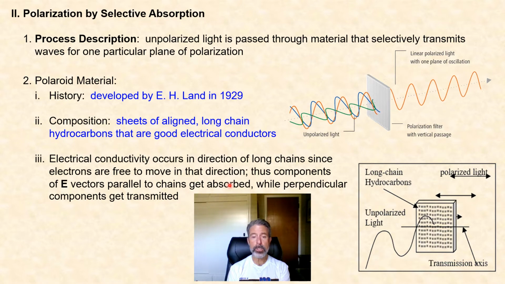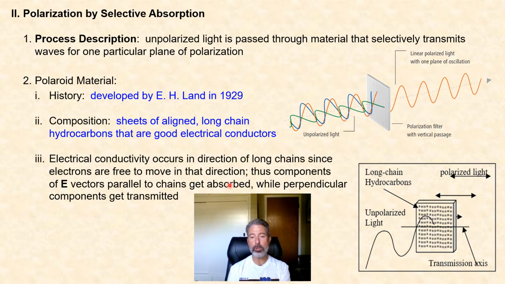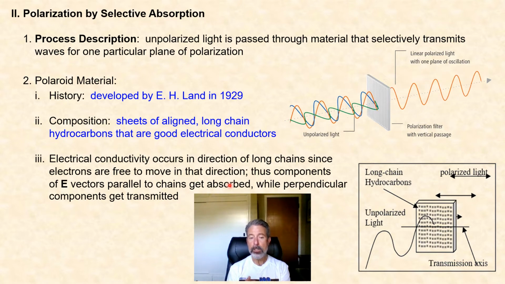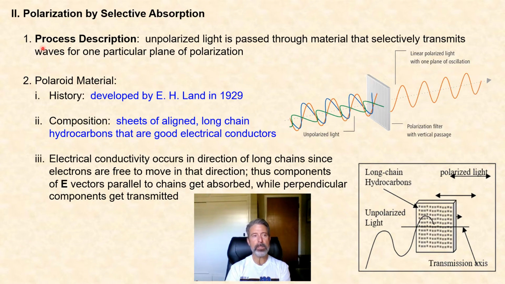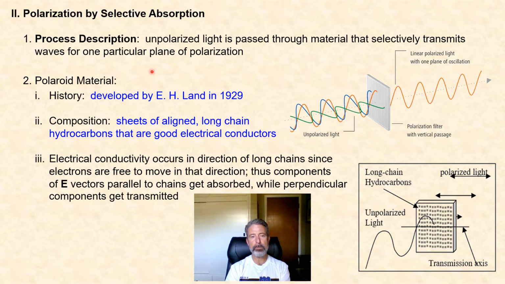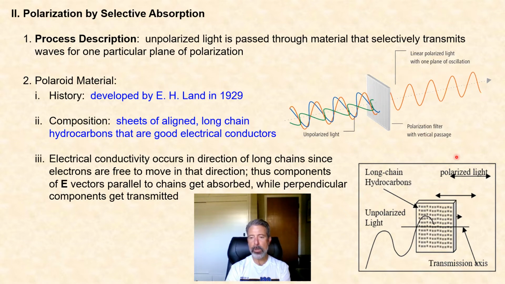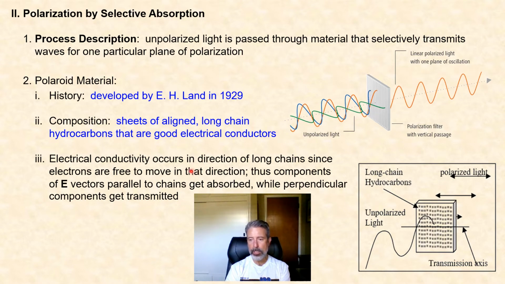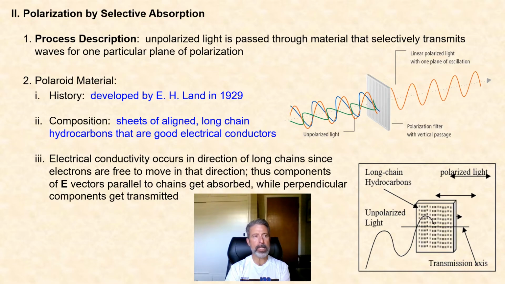Whereas all of the components of those incoming waves whose electric fields are perpendicular to those long chain hydrocarbons will get transmitted right on through unabsorbed. So this is basically how the Polaroid material works. And in the next slide, we'll talk about the difference between the direction of these long chain hydrocarbons and the direction that we call the transmission axis of the polarized light.